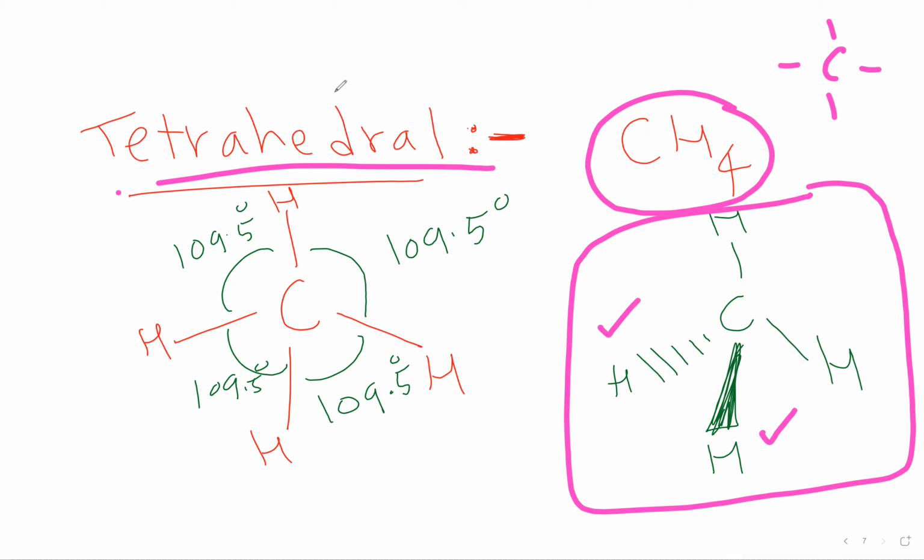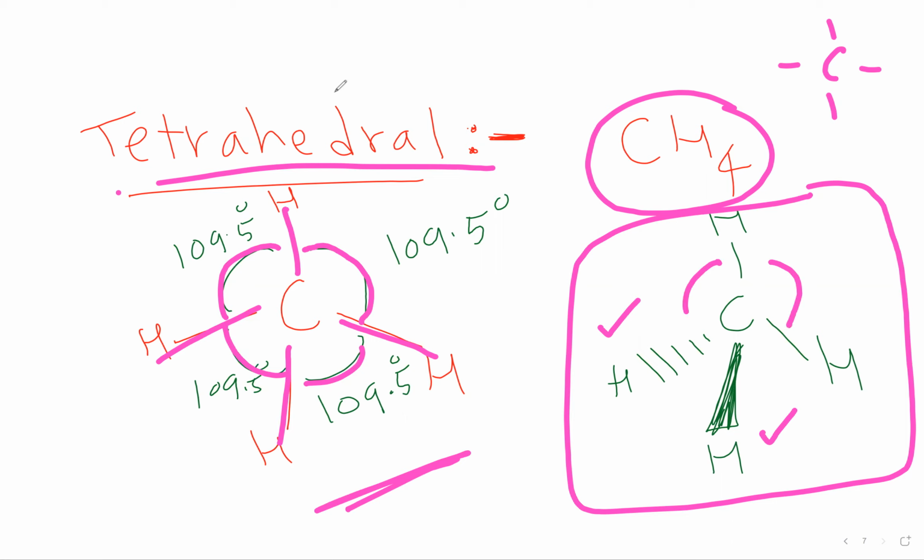You can imagine the structure like this. Each bond should be separated at 109.5 degrees from each other to give it a tetrahedral structure. So if you want to find out whether a given molecule has a tetrahedral structure, check the angle between any two bonds and see if it is 109.5 degrees.